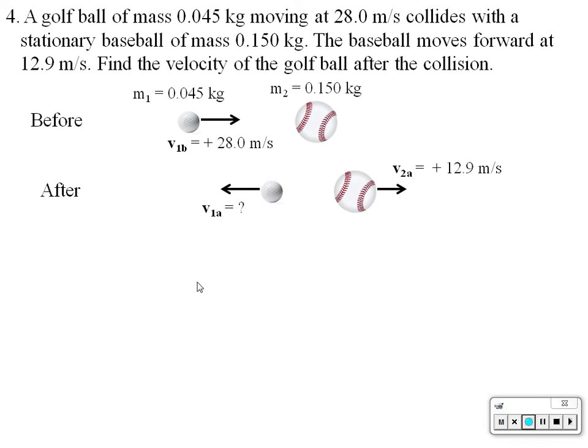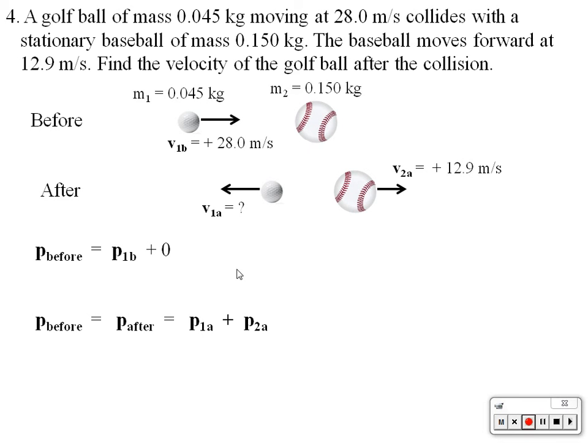All right. Now, I know that P before is equal to P after. And I know that P after is equal to the vector sum of the golf ball and the baseball. P before is contained only in the golf ball because the baseball is not moving, right? So I know that P before is equal to P1B, that's the golf ball, plus 0, that's the baseball.